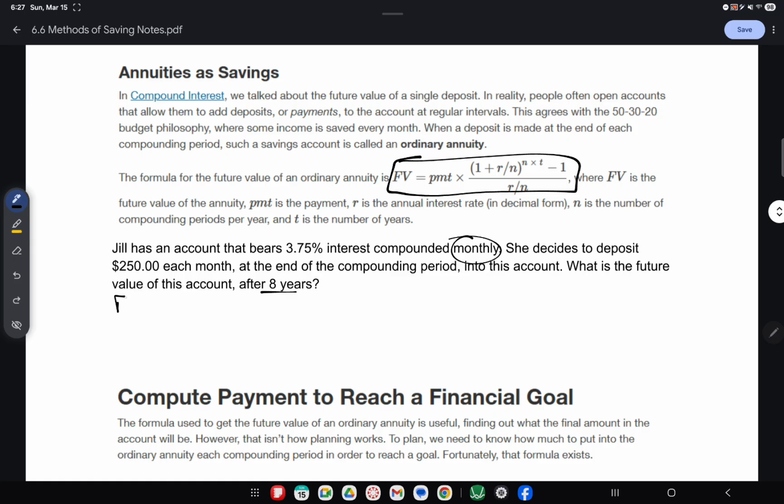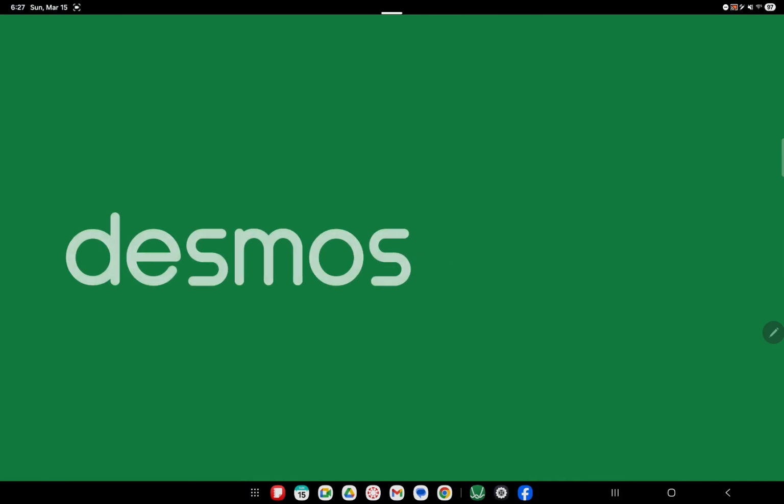So, all right, with this formula, the future value is the payment times, if I draw a straight line, 1 plus the rate over compounded monthly. We want 8 years over the rate over compounding. So I'm going to go back to Desmos and plug this in.